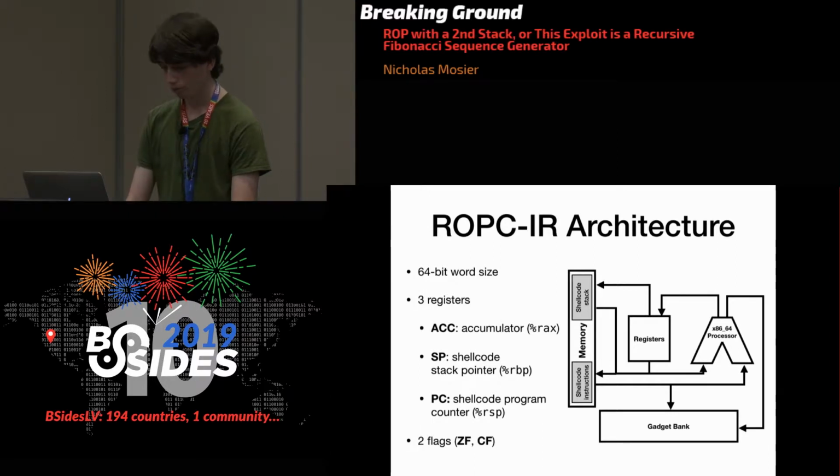And the shellcode program counter is called PC, which under the hood is really the RSP register. These are all just abstractions of existing registers in the x86-64 architecture. Then there are 2 flags, the zero flag and the carry flag, which are used for conditional branching, which makes it Turing complete.